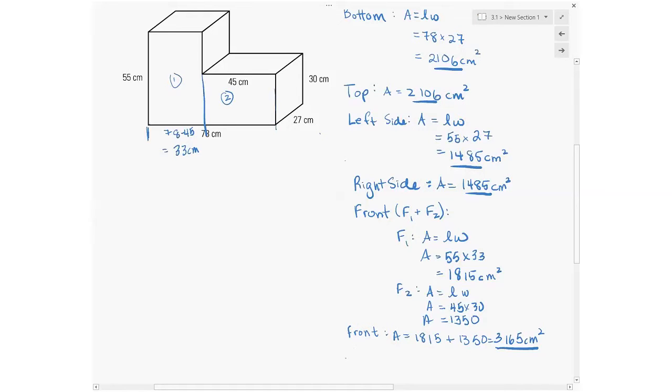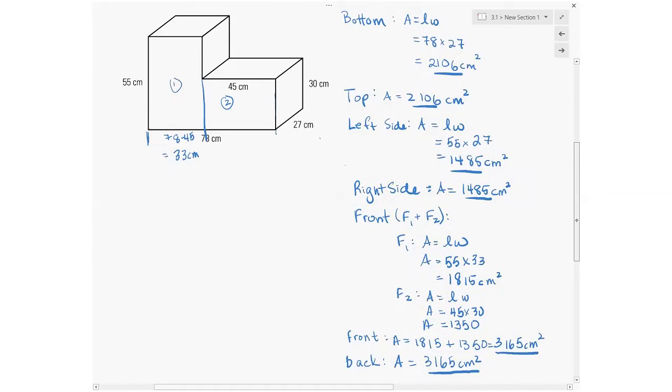And then I have to consider that there's also the back of this thing. The back is going to look exactly like the front, so the area is again 3,165 square centimeters. Okay, so I've got the bottom and top combined, the left and right combined, and the front and the back, so I can add up my total area.